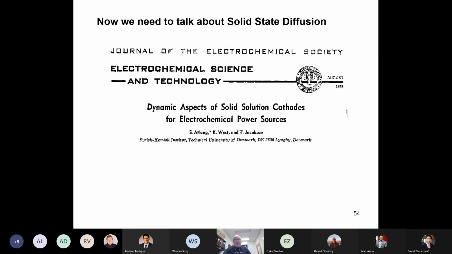The lithium comes to the surface of the electrode particle and it has to diffuse into the middle. And that takes time. And what's the impact of this finite rate of solid-state diffusion on the performance of the cell? So that's what this paper is all about.